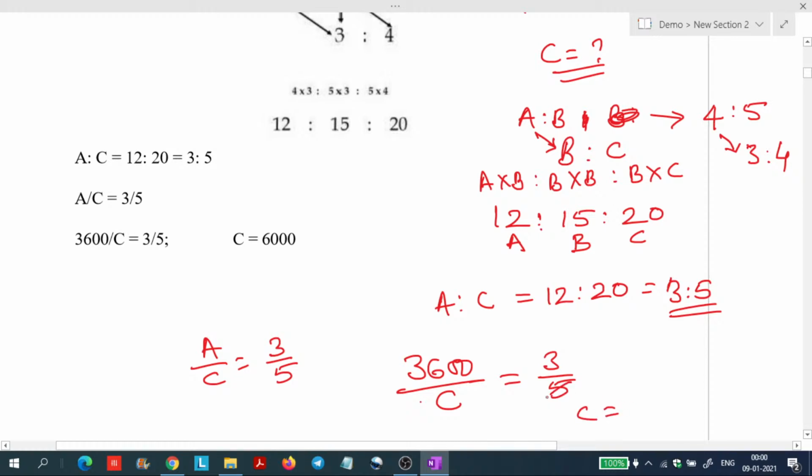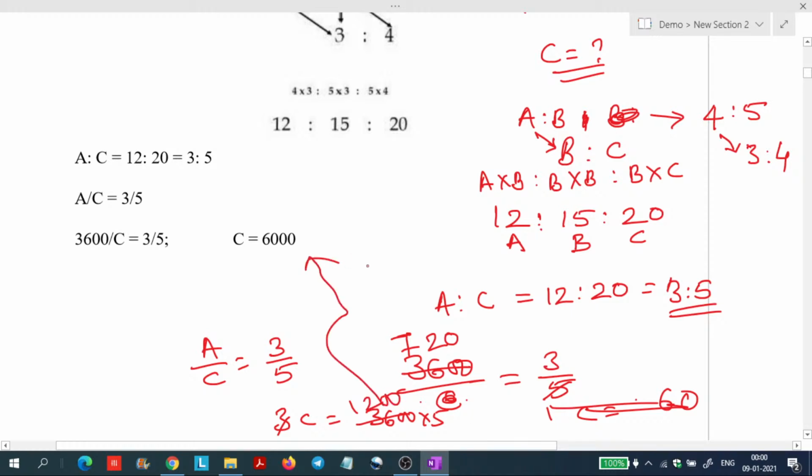So 3C equal to 3,600 into 5. So here, 3 ones are 3, 12 are, okay, 6,000. 6,000 will come.